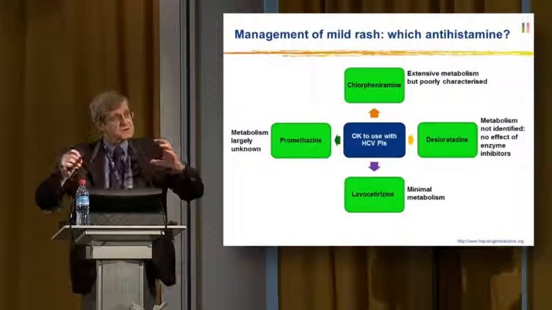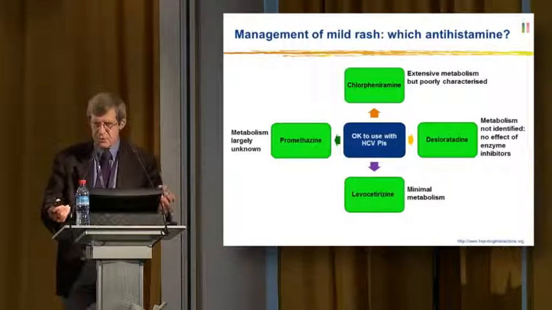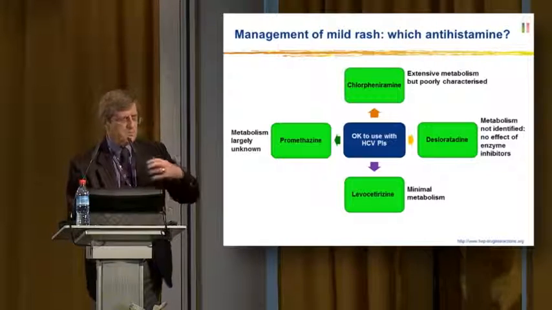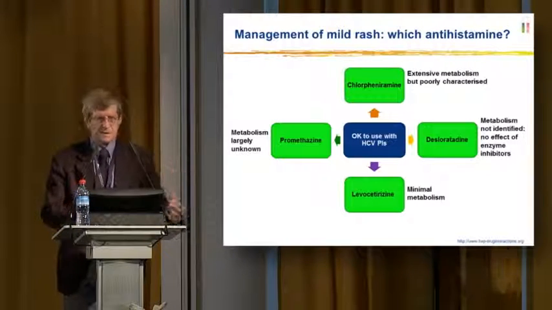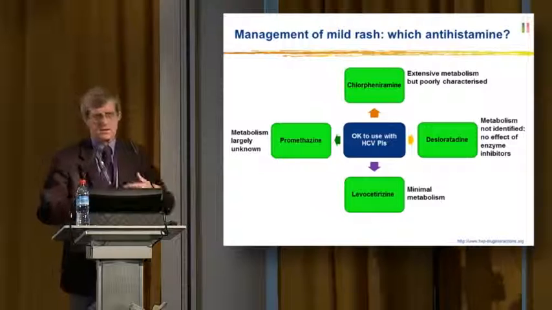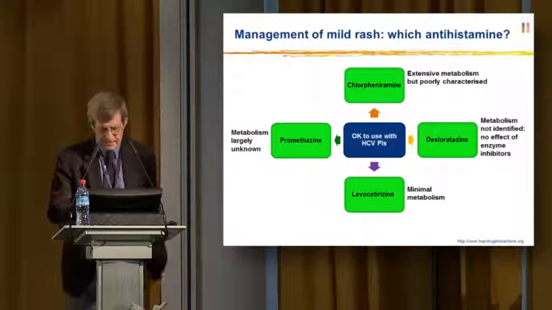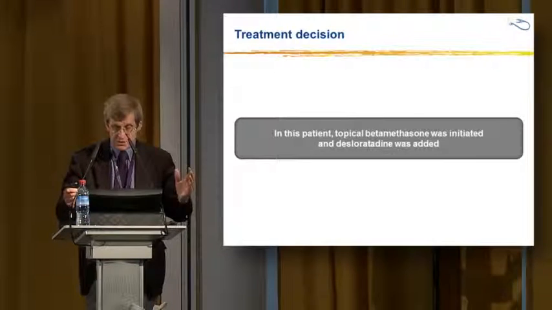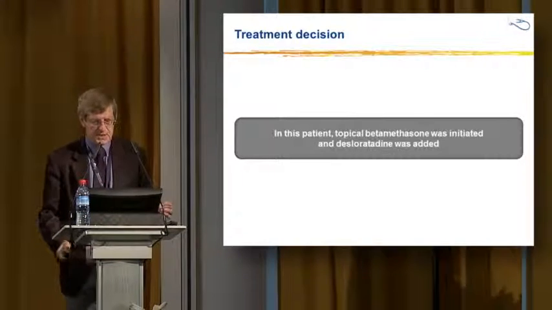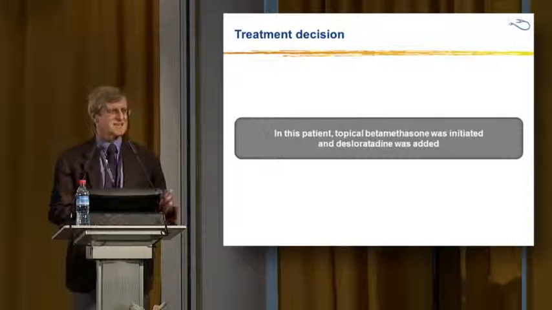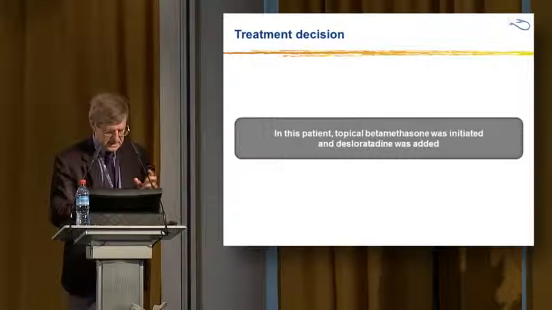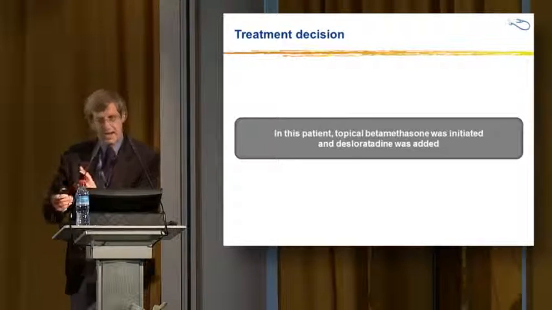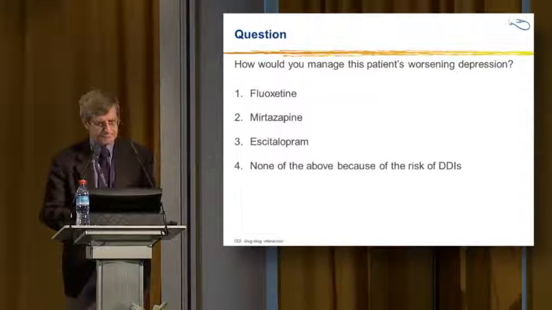So in terms of management, we can manage the rash situation by the use of topical steroids and emollients as well, in terms of giving the emollient to the skin, and that is a way to manage. So in this patient, a topical betamethasone is initiated, and also desloratadine as an antihistamine. So again, the treatment decision is to think about the way we manage.